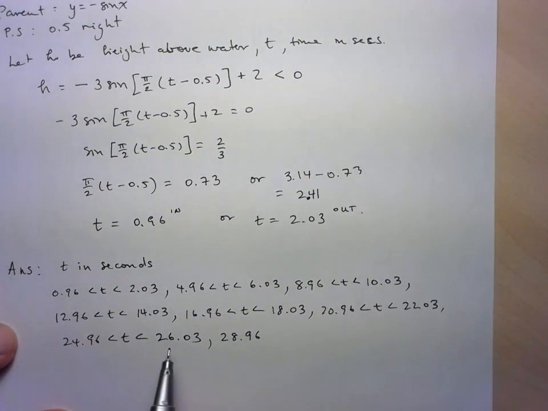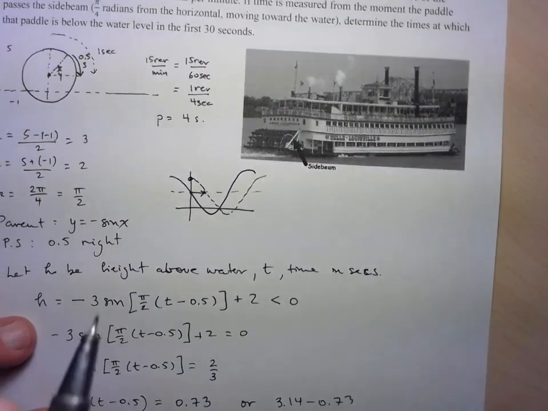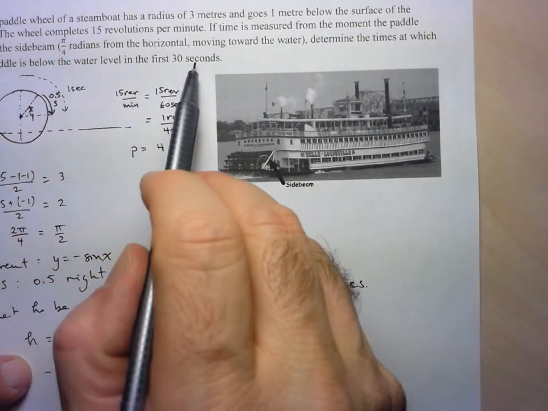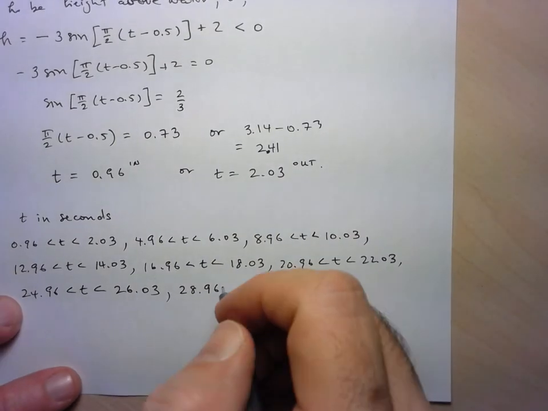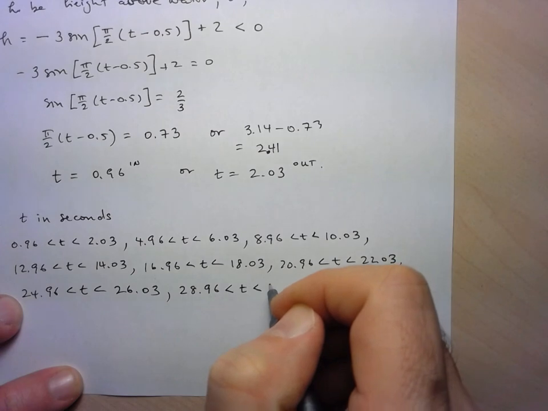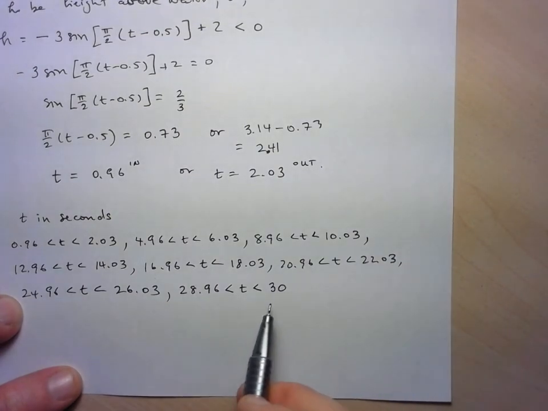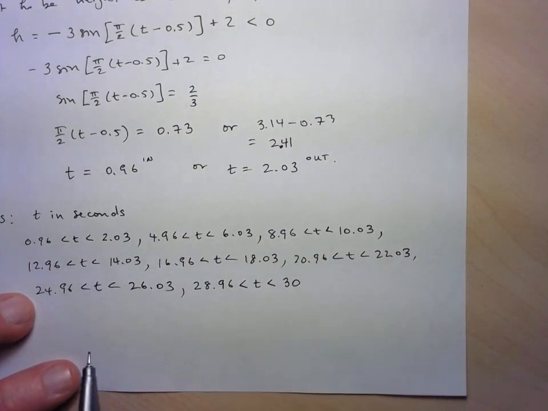But if we add 4 again here, we're going to go slightly over 30. We're only interested in up to 30 seconds. At 30 seconds, it's still going to be underwater. So my last answer here is going to be less than 30. I'm not going to include the 0.03 because this is where it stops and I'm still underwater here.